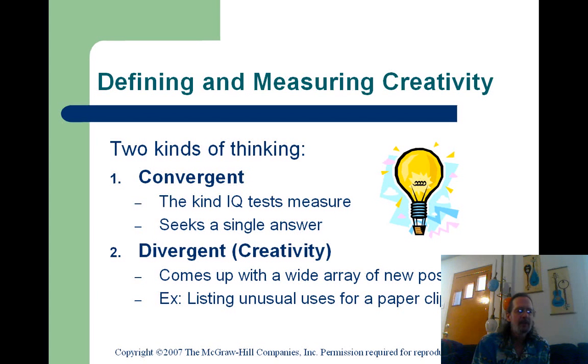What is really interesting is that they're now starting to push the instruction of creativity, but they want to standardize it. So we're supposed to teach creativity, but do it in a way that everybody does it the same way, seeking a single answer, which is backwards.